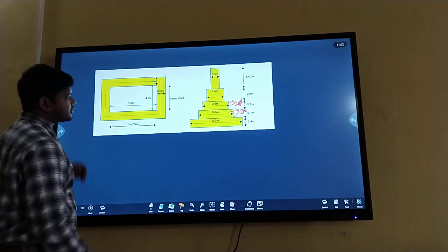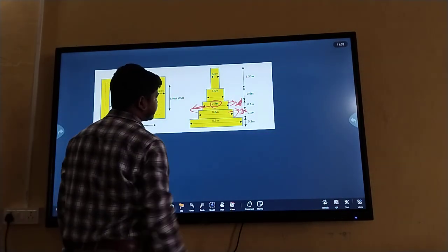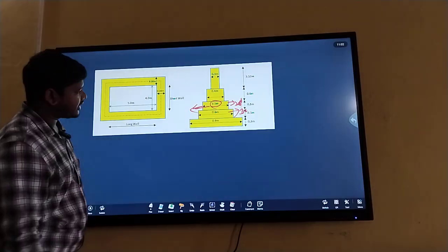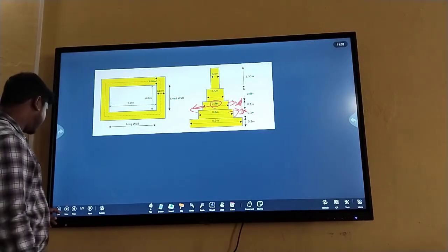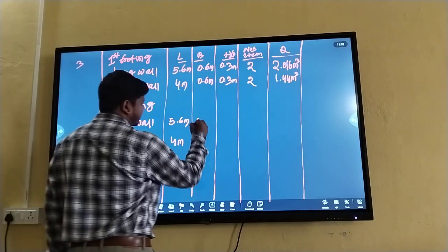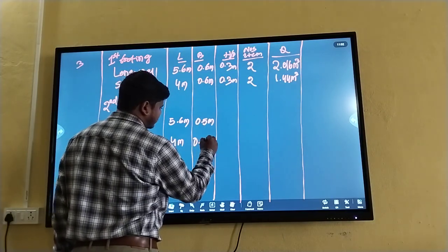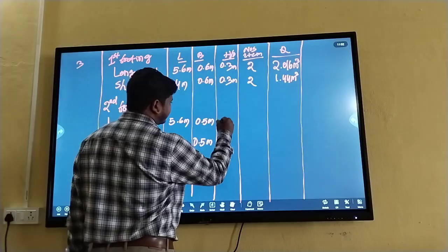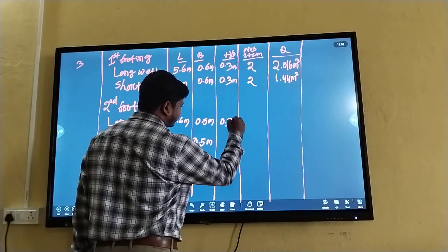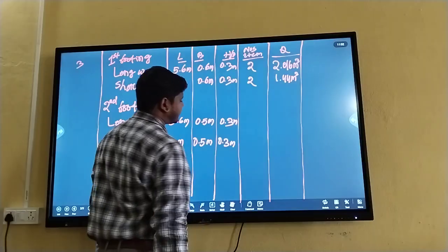Then the breadth and depth of the second footing: breadth is 0.5 meter and depth is 0.3 meter. 0.5 meter is our breadth for long wall, also short wall, and depth is 0.3 meter for long wall and 0.3 for short wall.